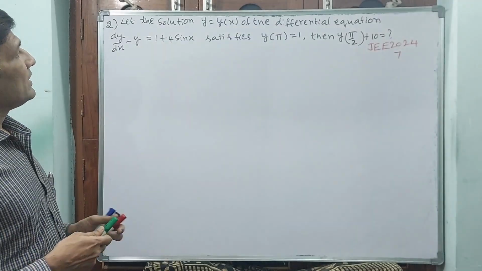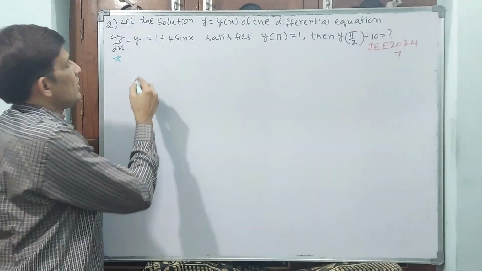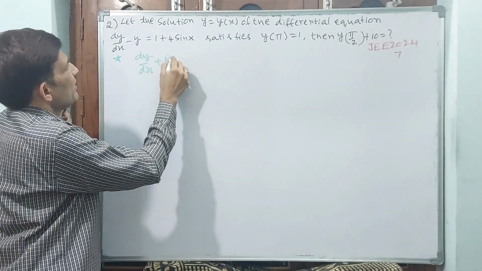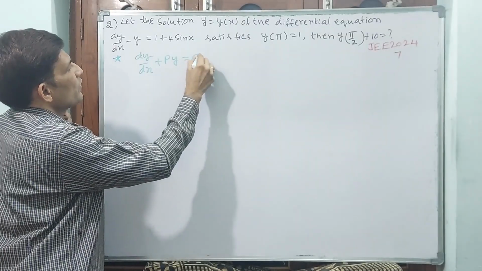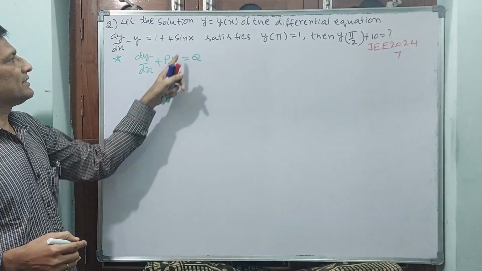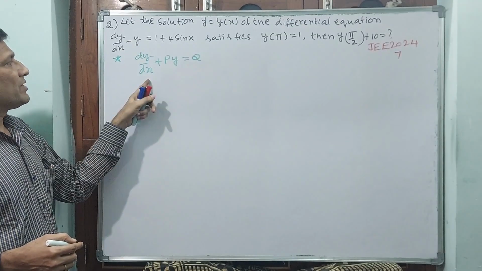Let us see. Before that, shall I write one formula? Linear differential equation formula: dy/dx + Py = Q. That means Q should be in the form of x and P should be in the form of x.